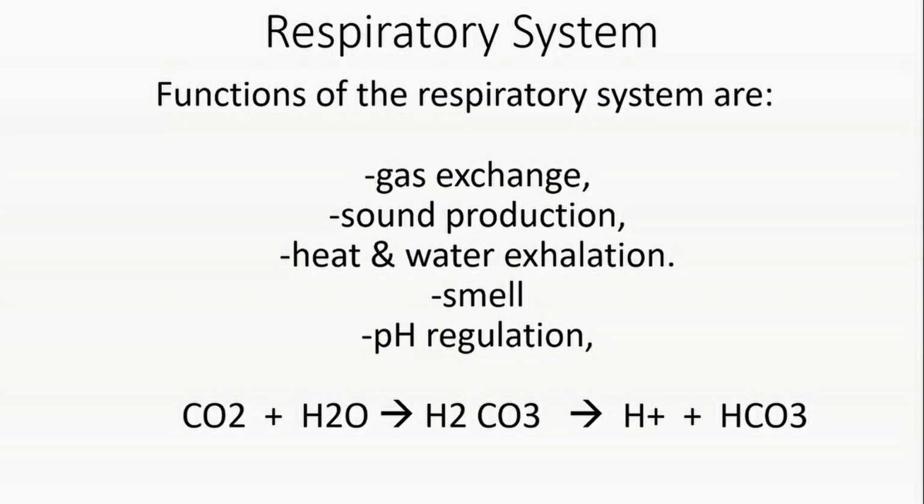Smell is done by our nose using structures within our nasal cavity. That's why we say smell is a function of our respiratory system, because our nose is part of it. Next, pH regulation. pH is a unit of measurement of acidity and alkalinity.